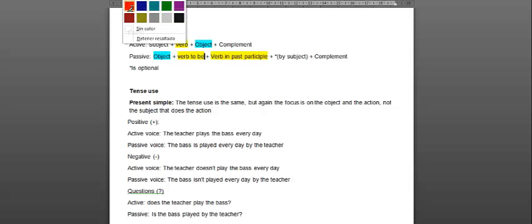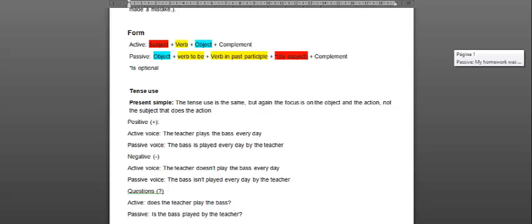The subject, or the person that's doing the action, is passed here, but it's optional. Look at it, it's optional. And the complement at the end. So as I told you, the verb to be receives the negative and the tense change.